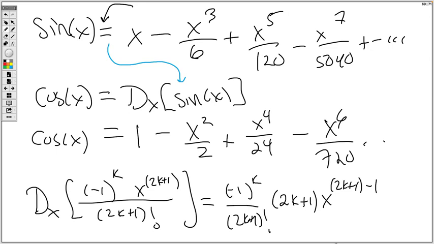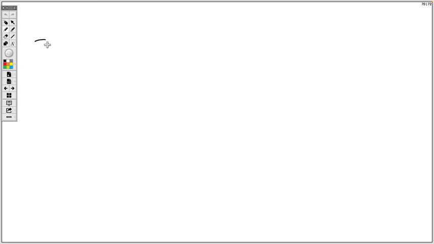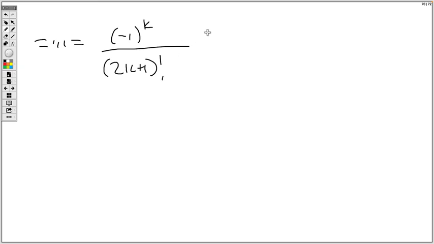So what's going to happen? I just got x to the 2k, and what happens with this 2k plus 1?